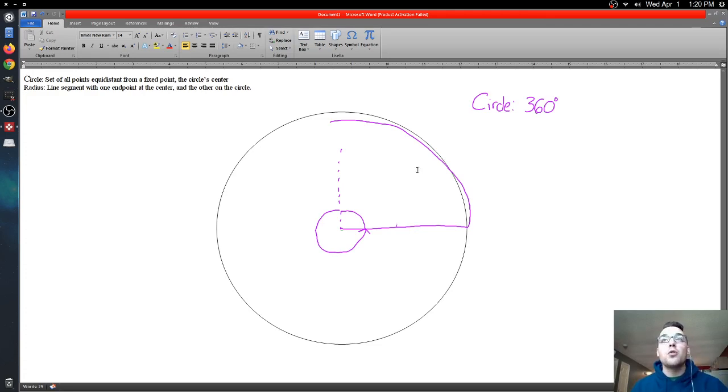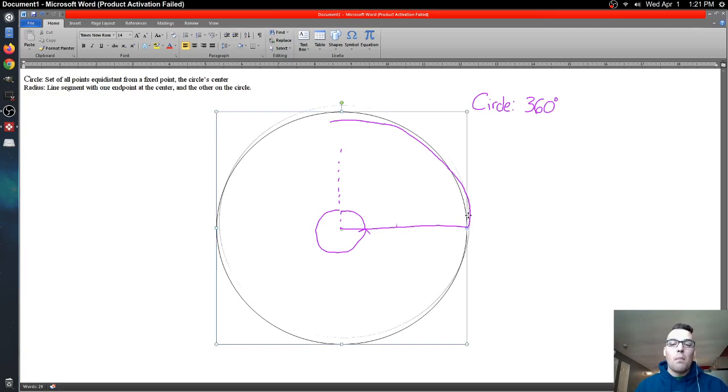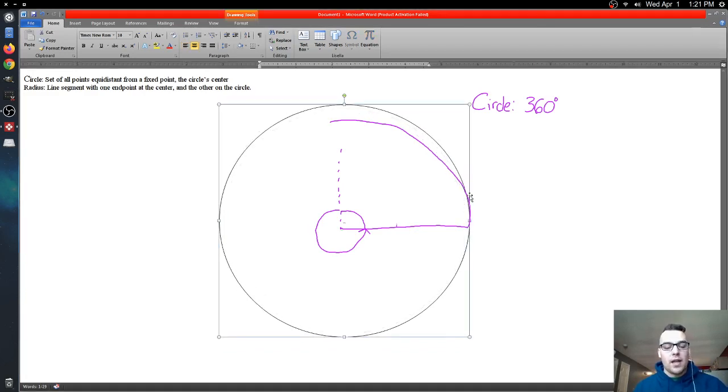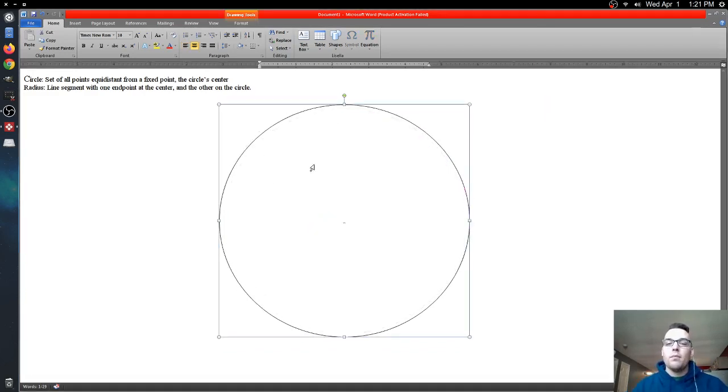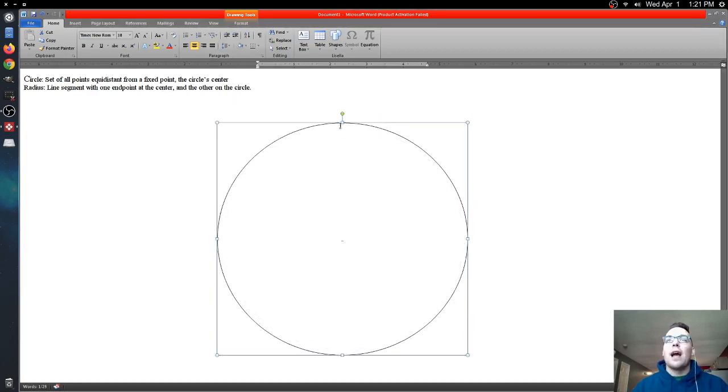You can also think of that degree measure as being what portion of the circle I trace out. And here's what I mean. Let's say I traced out the part of the circle that went from here to here.